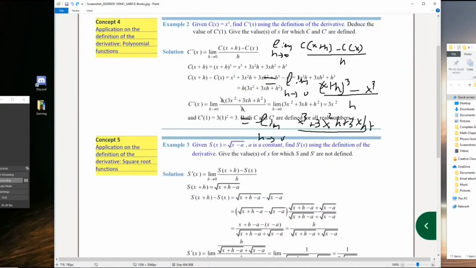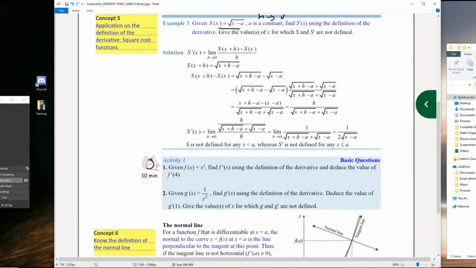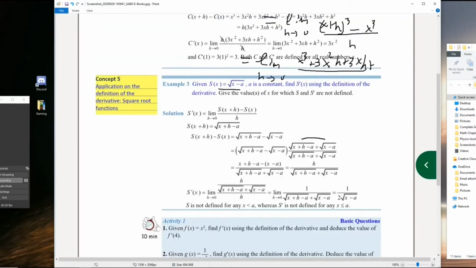So with that, this is another function. We're not going to go through them one by one, but here the trick is that they multiply by the conjugate, because if you do it the normal way, let's say stop here, put 0, 0, 0, you still have an h here, so you need to cancel somehow. Here it's very tempting to see that there's an x and minus a, x and minus a.